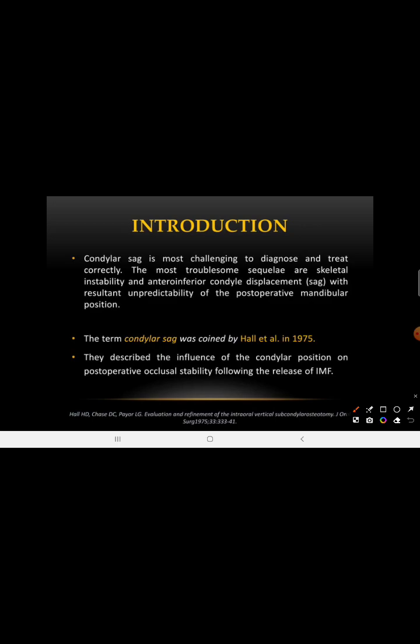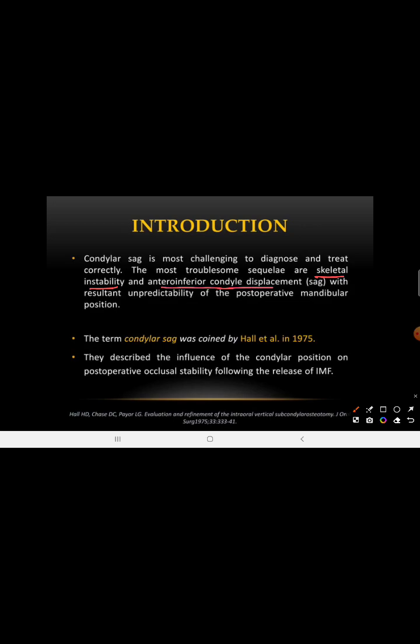So amongst all the other factors that I mentioned earlier, like problems related to the fixation method or the occlusion shift, condylar sag is one of the most challenging to diagnose and treat correctly. The sequelae following condylar sag are really troublesome. The sequelae can be skeletal instability, and there can be anterior-inferior condylar displacement.